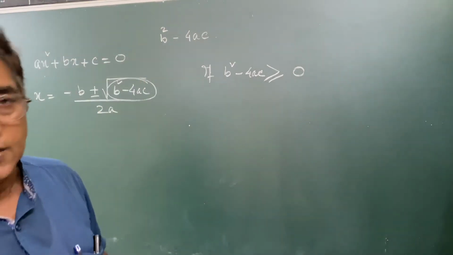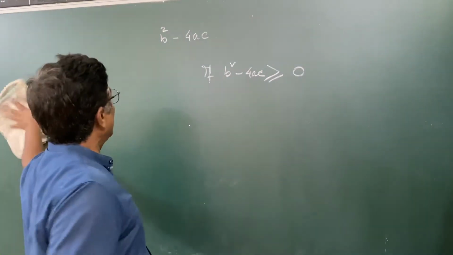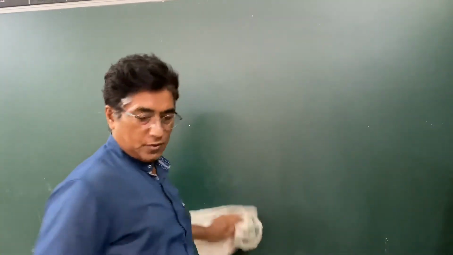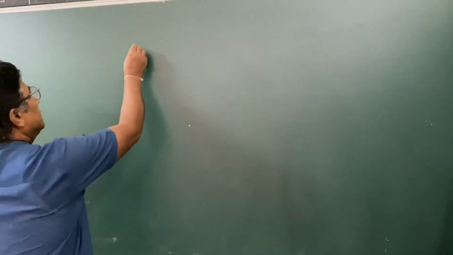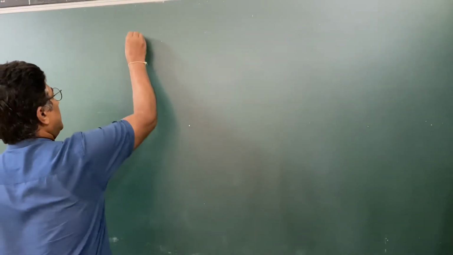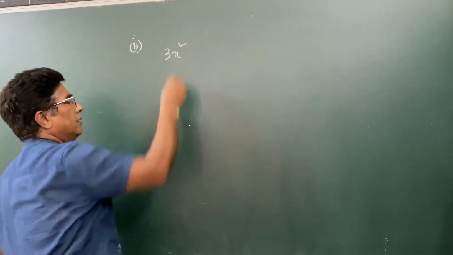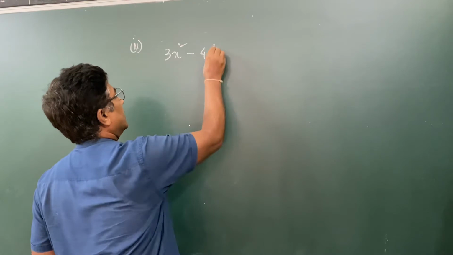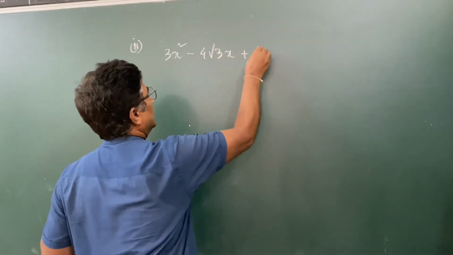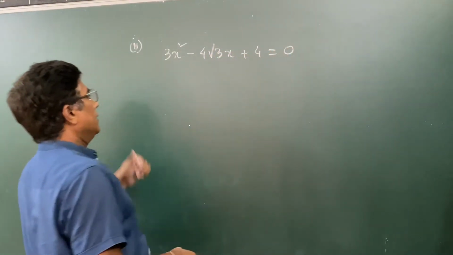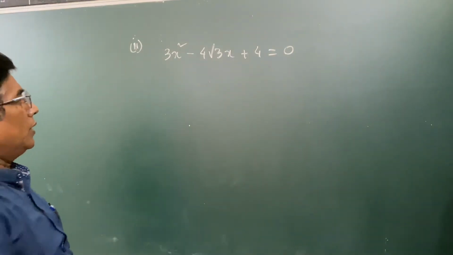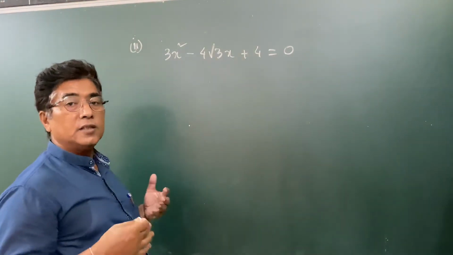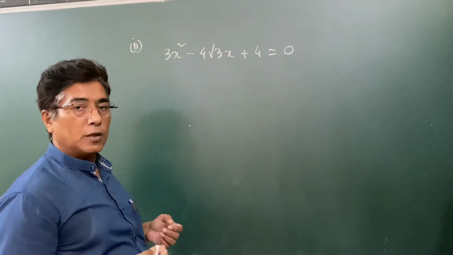So in this exercise, that is exercise 4.4, they have told you to find the nature of the roots. I am just showing you one, number 2. They told you 3x squared minus 4 root 3 x plus 4 equal to 0. You want to know the nature of the roots. So you find the discriminant, that is b square minus 4ac.